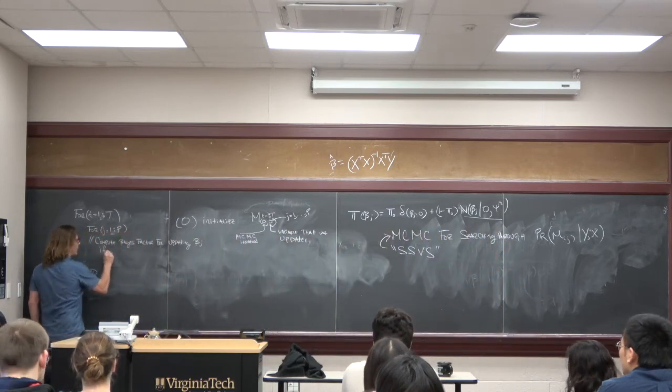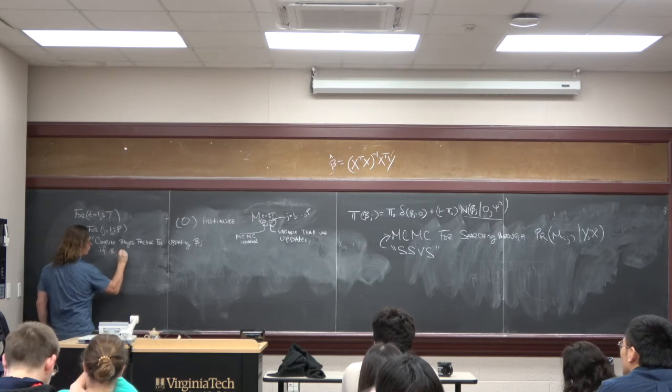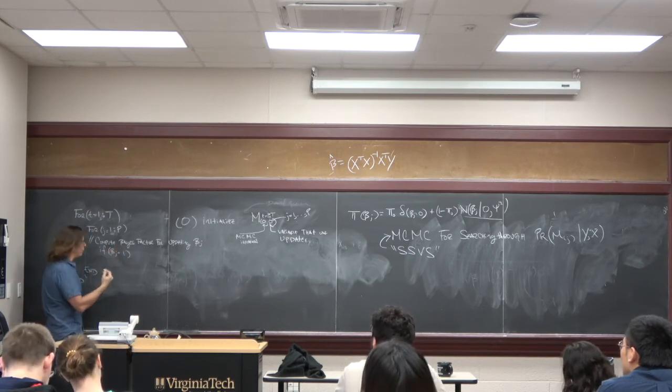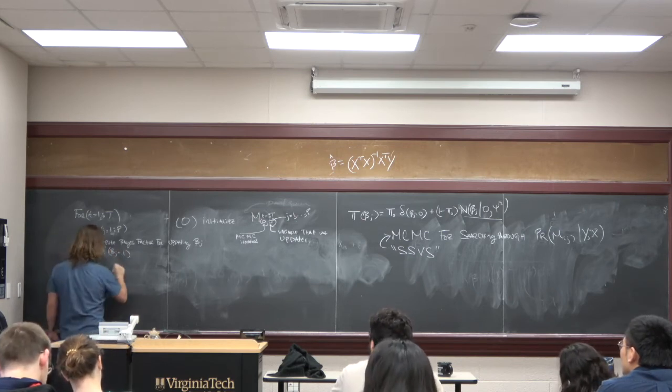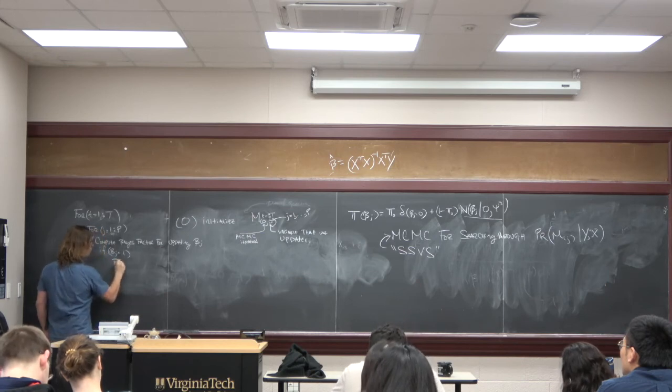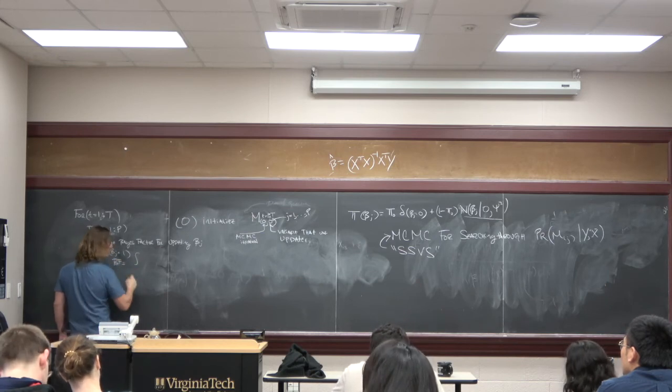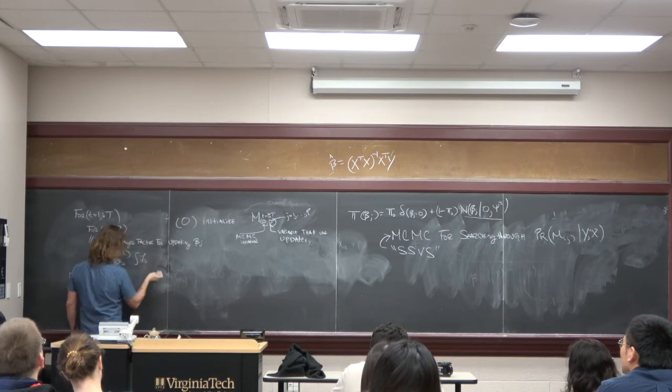So if beta j is equal to a 1, what I'm going to do is compute this Bayes factor. The Bayes factor is going to be the integrated likelihood.